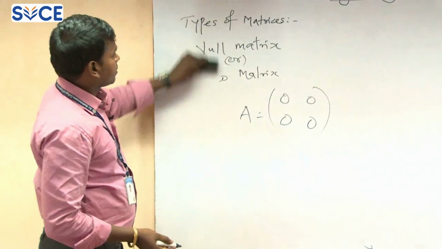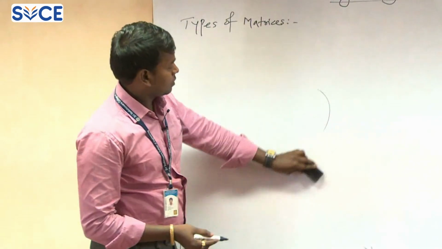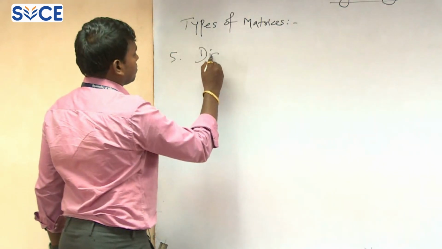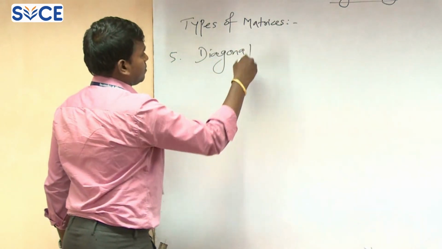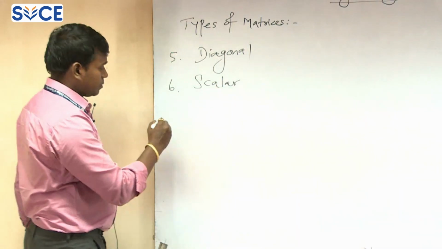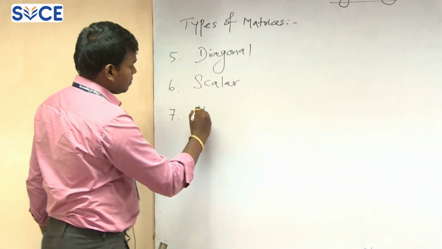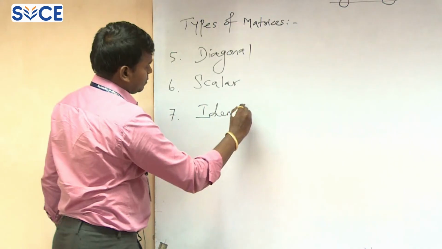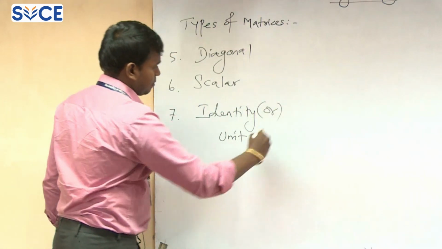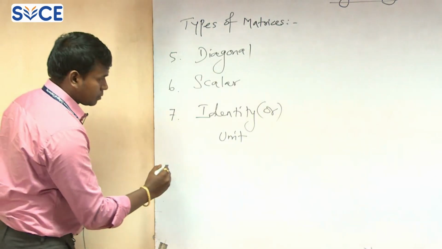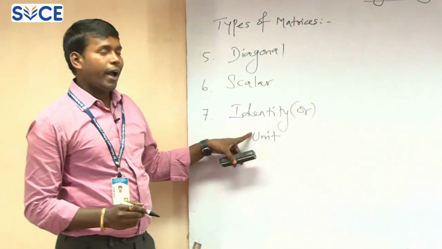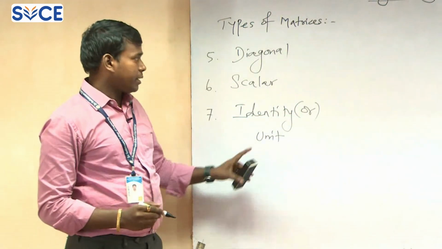Now, fifth type, diagonal, sixth, scalar, seventh one, identity or unit matrix.